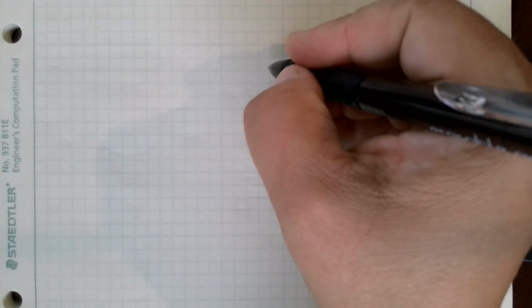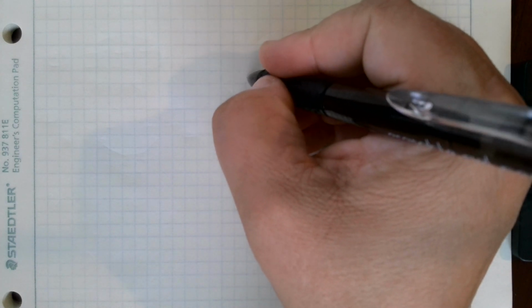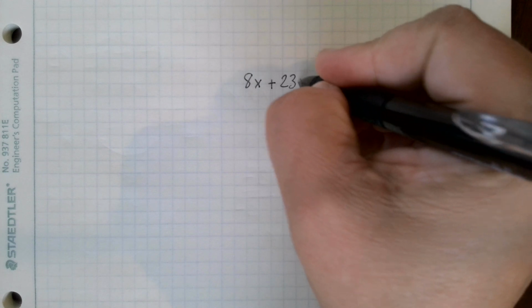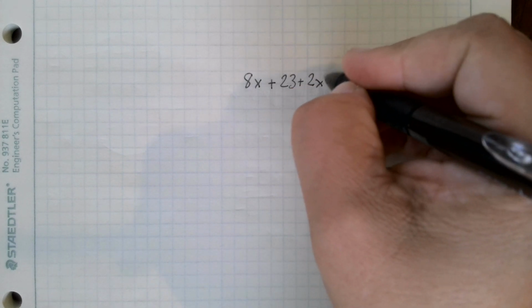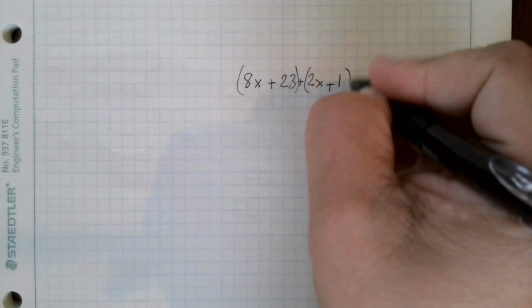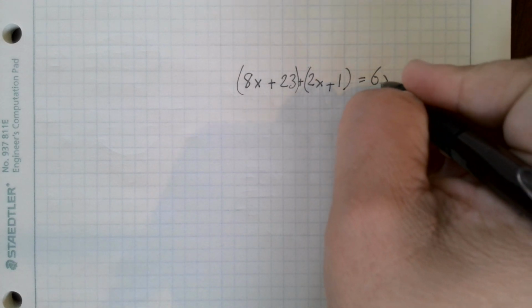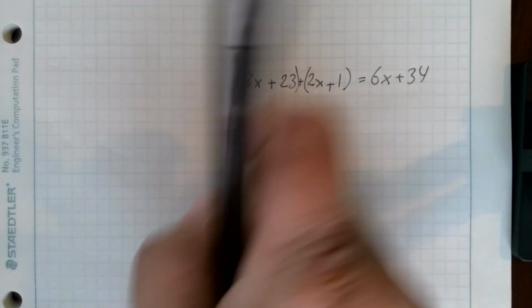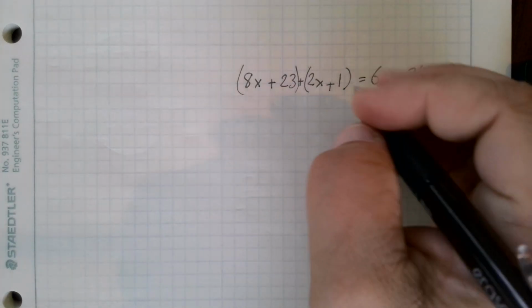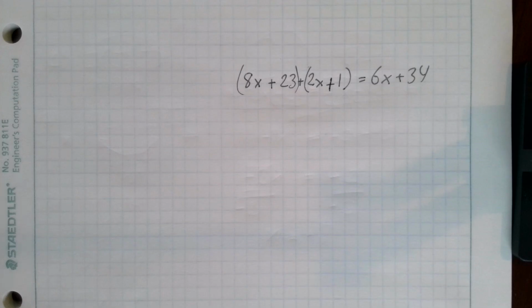It is long: 8x plus 23 plus 2x plus 1 equals 6x plus 34. That's a lot. And we're not going to do that. So there you go.